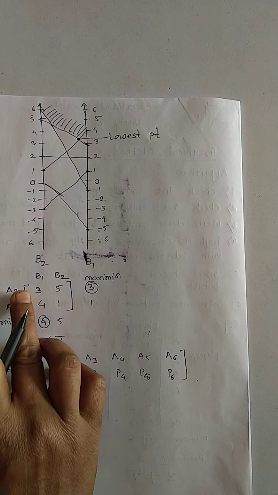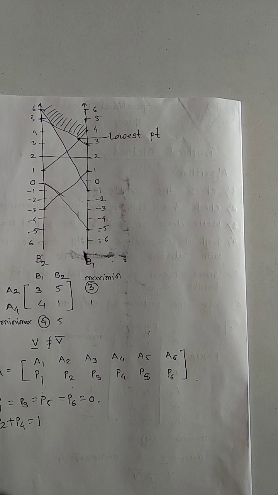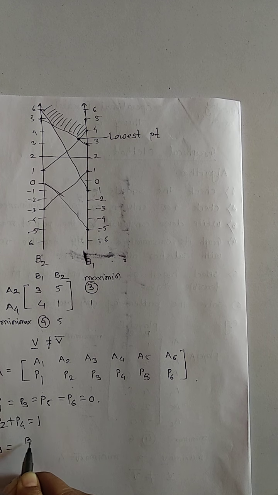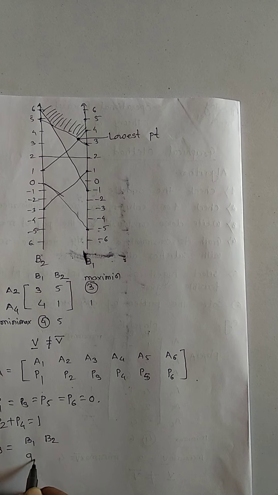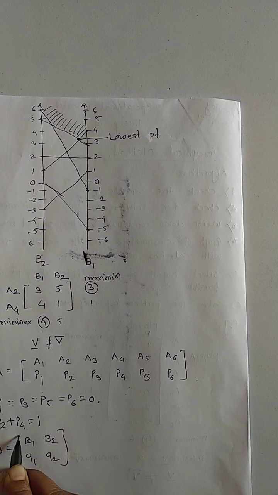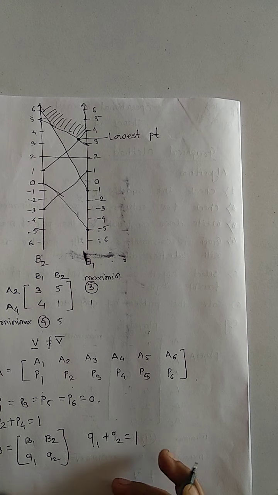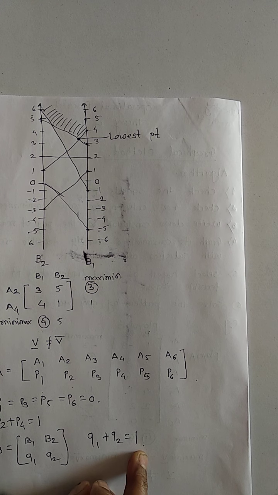Because these rows are deleted, their strategy becomes 0. And the strategy for player B, SB, is equal to B1, B2, Q1, Q2, and here Q1 plus Q2 is equal to 1.